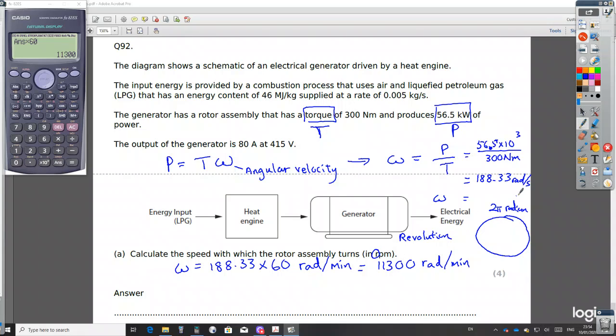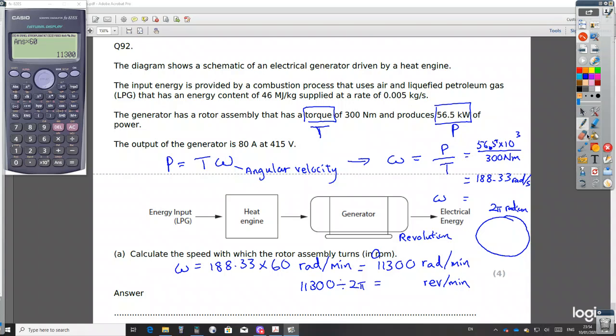So to find out how many 2 pi fit in this, we use division. If we divide 11300 by 2 pi, that would give us the answer in how many revolutions per minute, and that's what we're trying to find out.